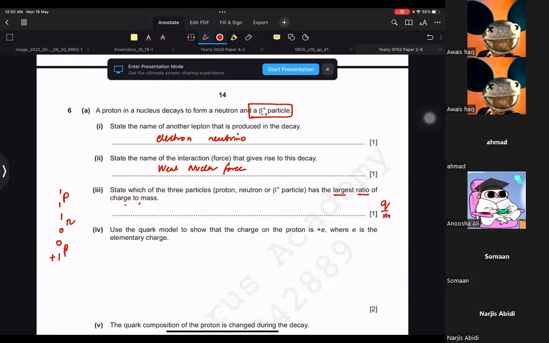For proton, it is 1 divided by 1, which is 1. For neutron, 0 divided by 1, which is 0. And for a beta particle, it is 1 divided by 0, which is approximately infinity. It's not actually 0, but there is some small value. We're saying infinity, so it has to be the beta particle.